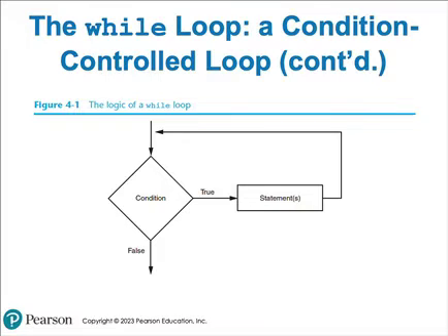So here's the logic. I think your book calls this a pre-test loop because we're going to check the condition first. So it's actually possible that if we hit a while loop and evaluate the condition, it may start off being false, at which point we would just fall out of the while loop and would not execute the block of statements.